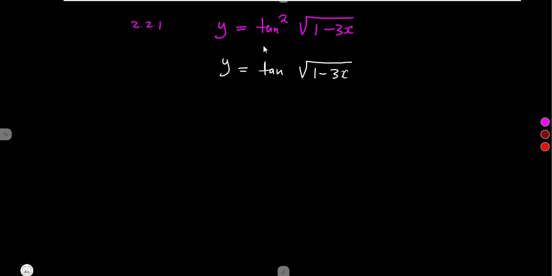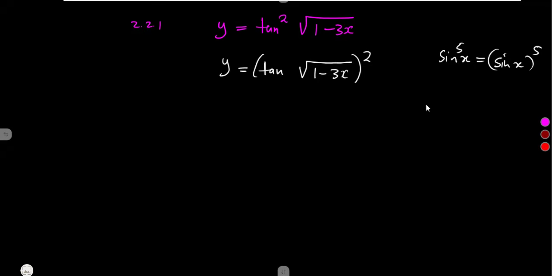It means the whole of this tan is being squared. It is just like sine to the exponent of 5, sine x to the exponent of 5.